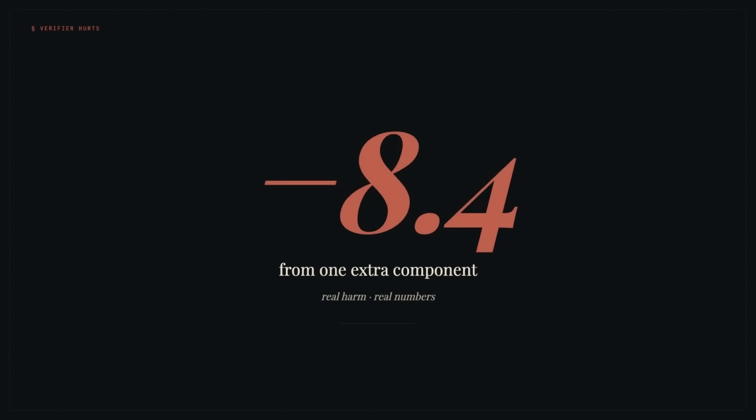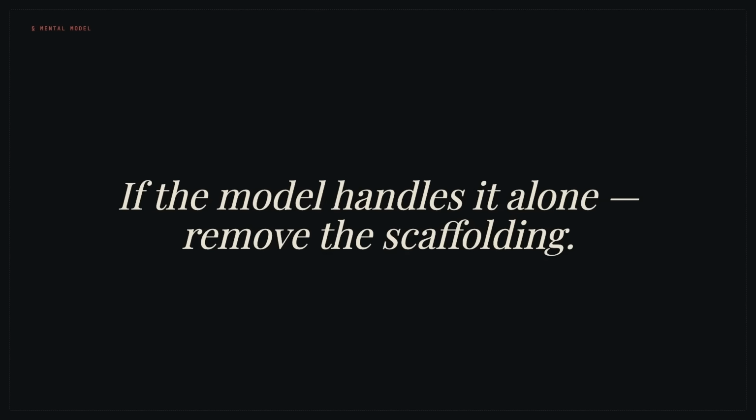Sometimes the verifier can actually hurt your agent a lot more than it can help. The way you want to think about it is that if the model is able to do an aspect that was handcrafted in the harness before, you want to simplify your harness and drop that specific tool.